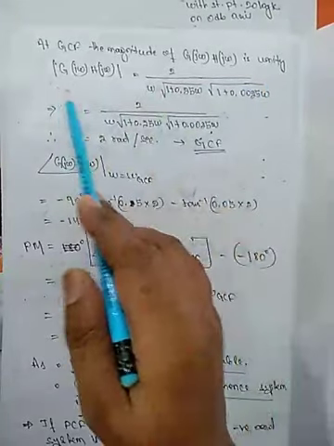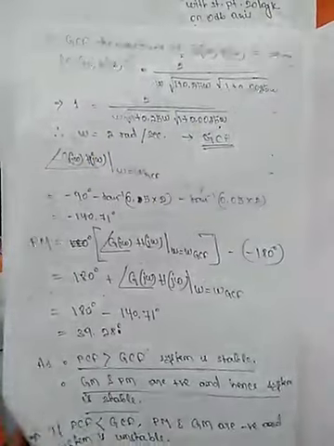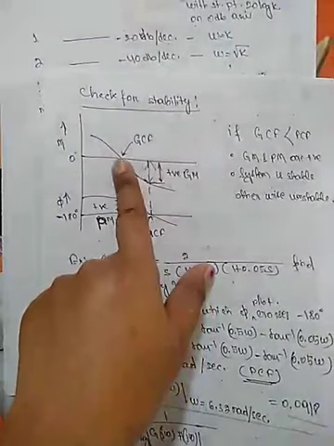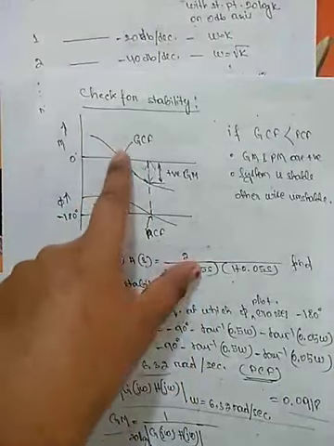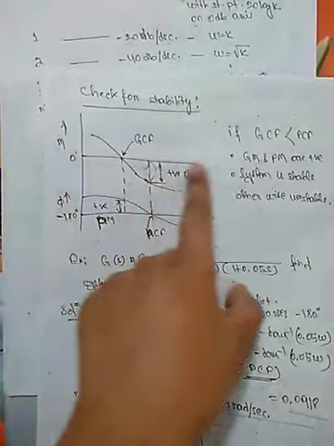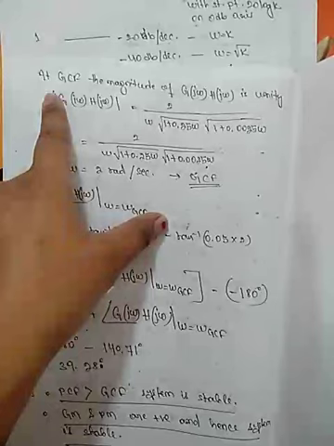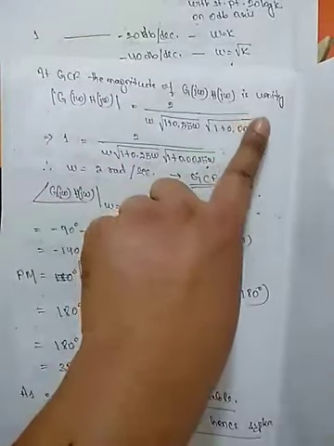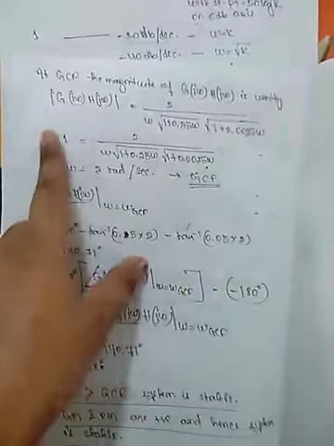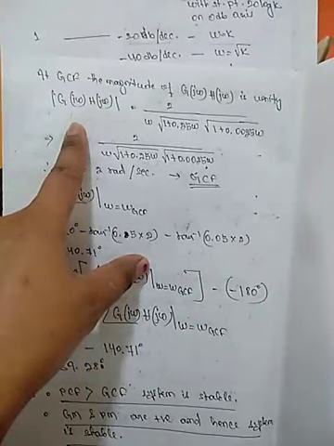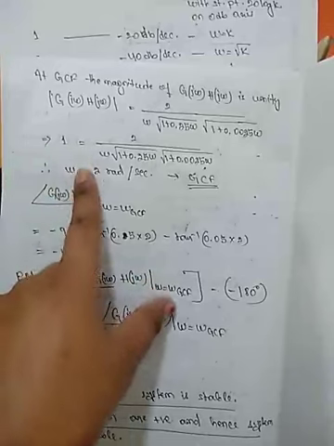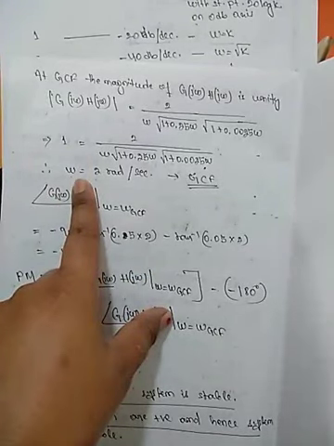See the gain crossover frequency here, where the magnitude curve crosses the 0 dB line. So you find the magnitude of the given open loop transfer function and equate it to 1.